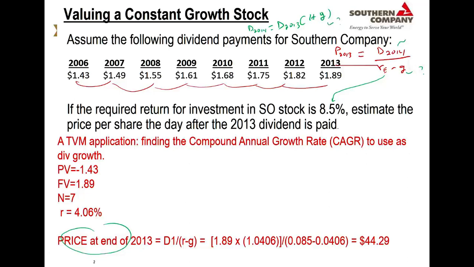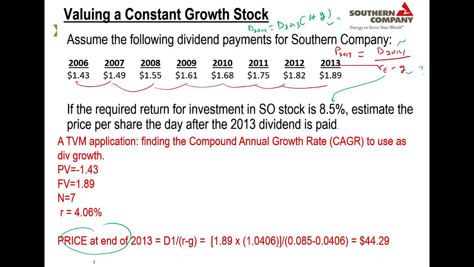So here's a trick that we can use based on our time value of money conversation. Notice that, as I said before, the growth rates in dividends are different each year. But what if I were to ask Excel to help me find the single growth rate that would represent these different growth rates that have occurred throughout these 7 periods?